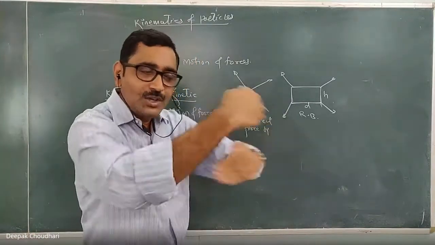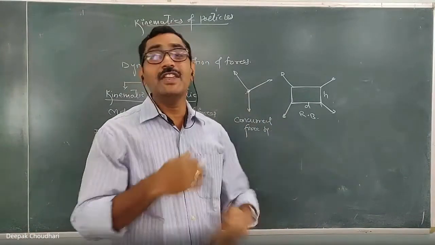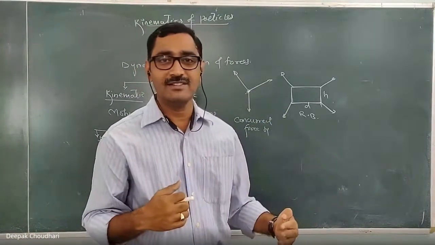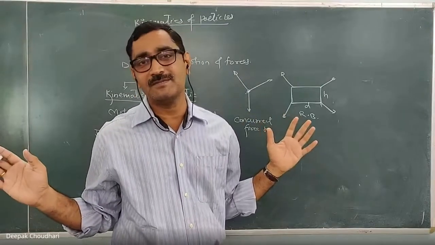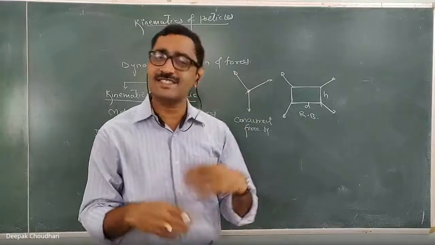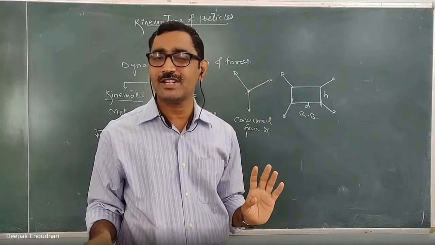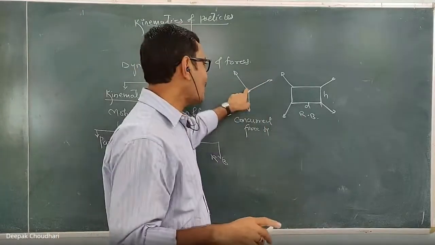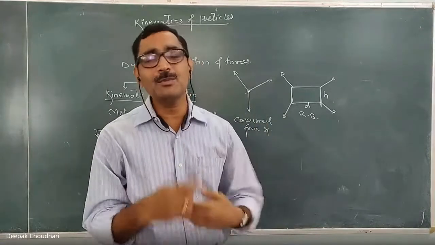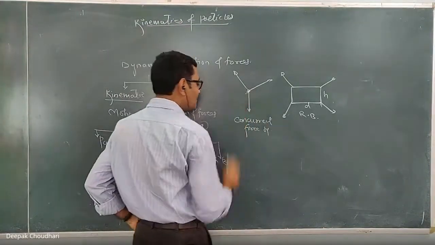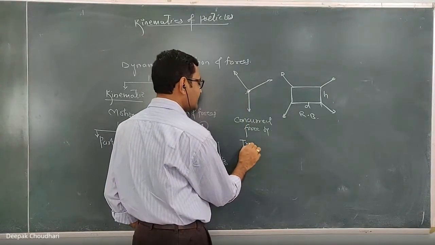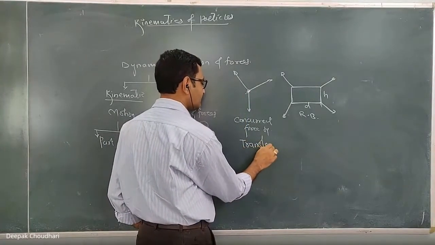For rotational motion, we require an unbalanced moment, and the concurrent force system will never produce an unbalanced moment. The unbalanced moment in this system is always zero. That's why the concurrent force system will never produce rotational motion, so under its action only translational motion is possible.